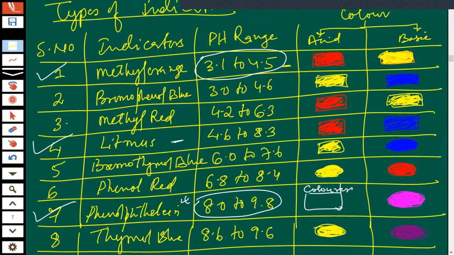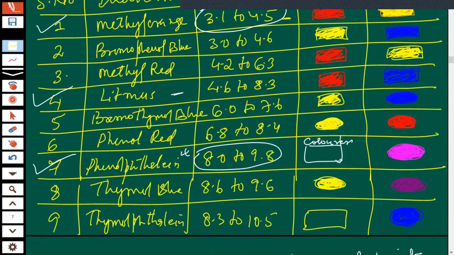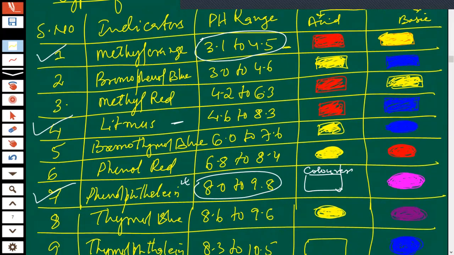These are the types of indicators. There are 9 types of indicators. First, you learn the names: methyl orange, bromophenol blue, methyl red, litmus, bromothymol blue. These are the indicator names, and these names will be with you throughout your lifespan.